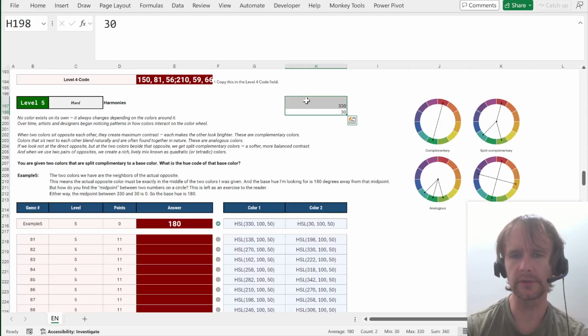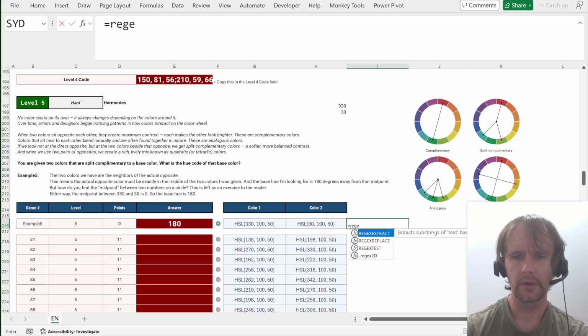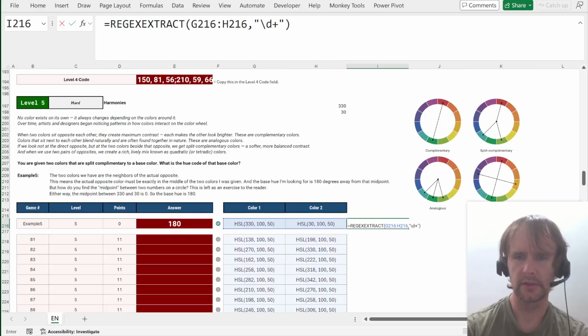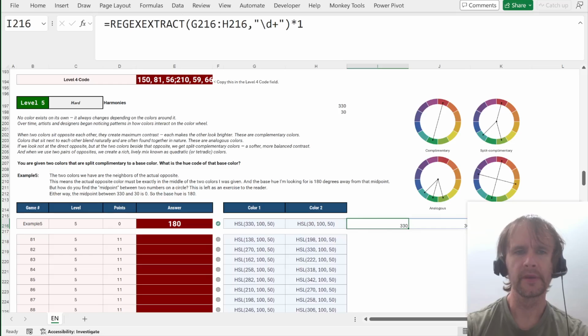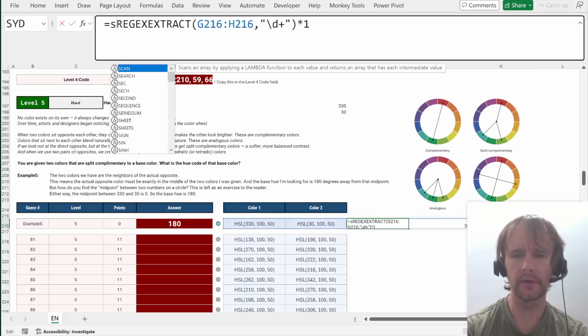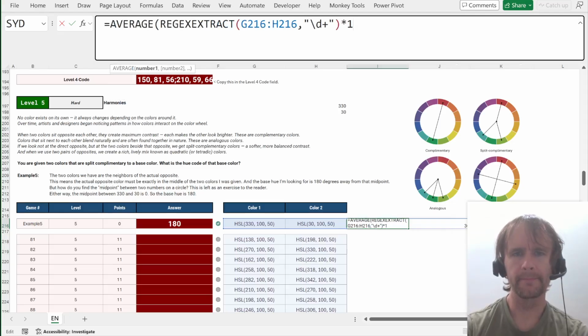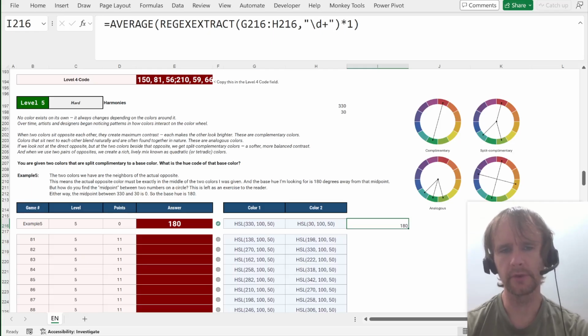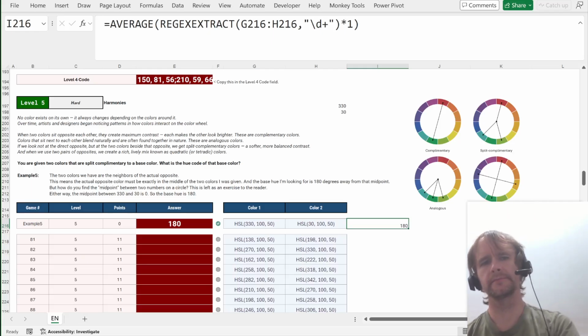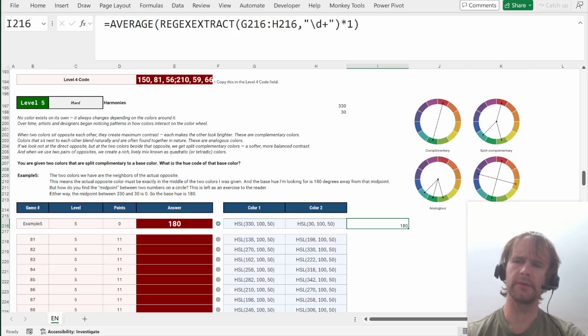So it's just a question of which is smaller. Okay, fine. So regex extract from here \d+ will get me those two numbers times 1. It's either going to be the average of those or it's going to be 180 minus that. And how on earth do I tell which?